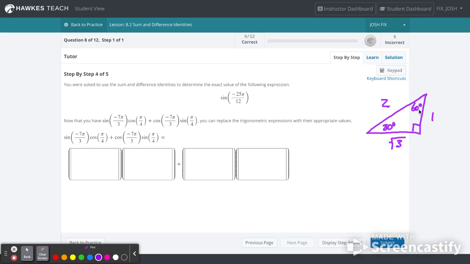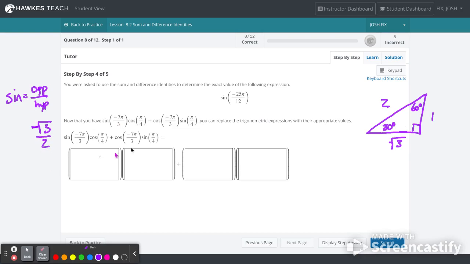Remember, sine is equal to opposite over hypotenuse. So that would be the square root of 3 over 2.